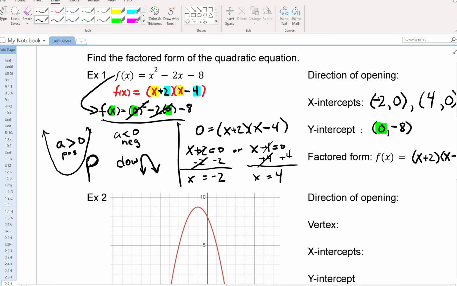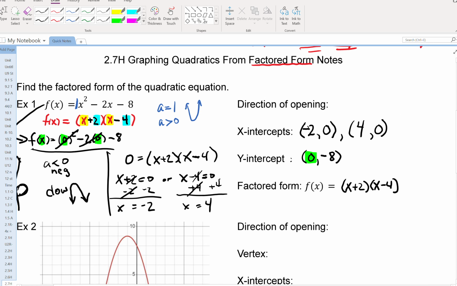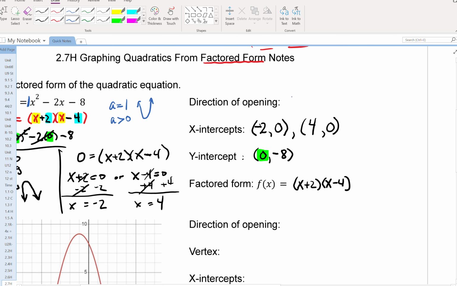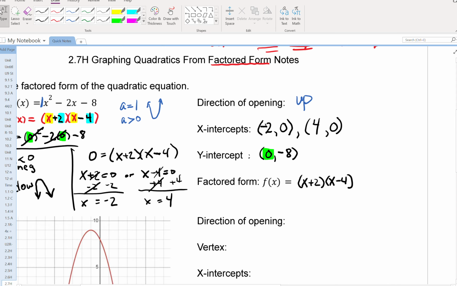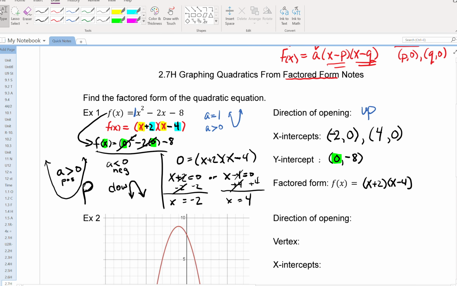And in this case, I'll use blue. There's no number in front of that x squared, which means a equals 1. a equals 1, a is greater than 0, 1 is greater than 0, that's positive. That means this thing opens up. And so our direction of opening is up. And that's all we're asked for here in this example 1.